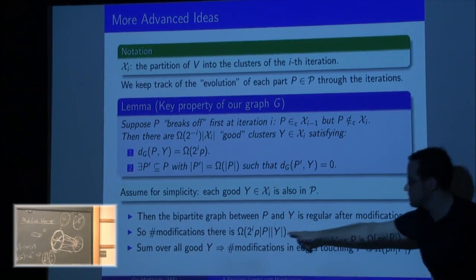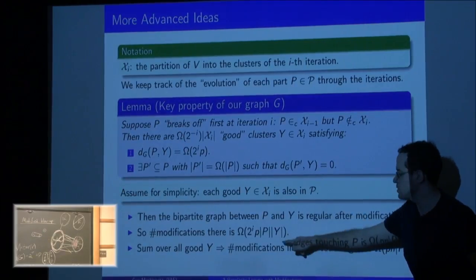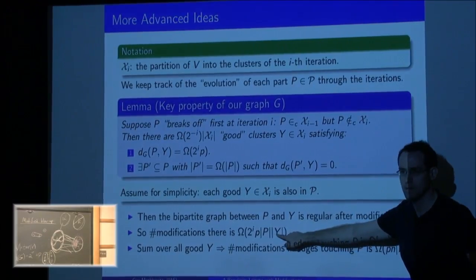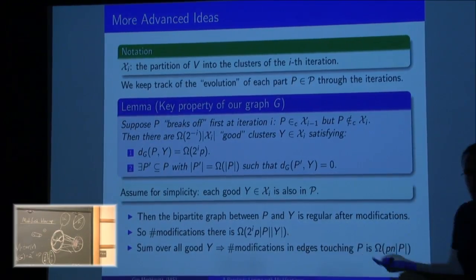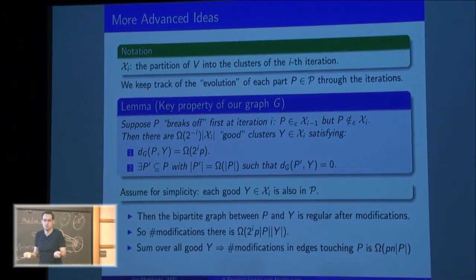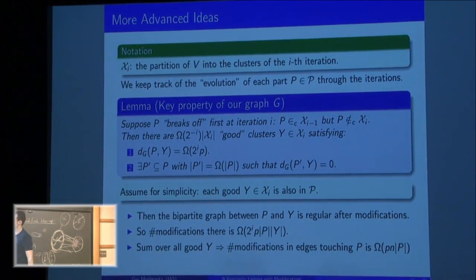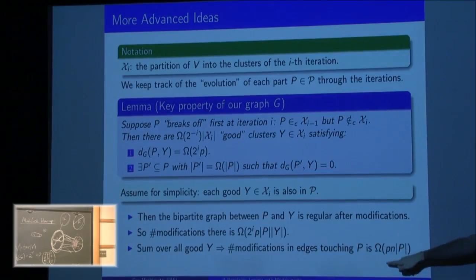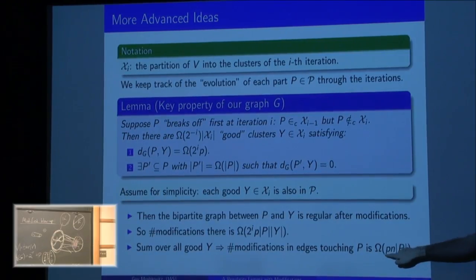Okay, so this is the size of one part, and this is an equitable partition. And so the size of one part times the number of parts, this product is just the total number of edges, n. So if you sum all of these, you get P times Pn.